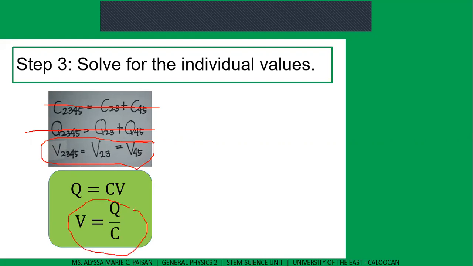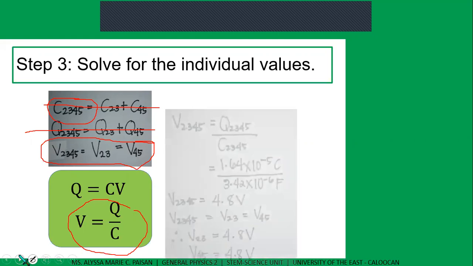We need Q2345 na na-equate natin or na-identify natin kanina as just equal to Q total. So, meron na tayong Q2345. Meron ba tayong C2345? Of course. We have solved that in here before getting the equivalent capacitance. No? Na-solve na natin yun kanina. Nung nagsusolve pa lang tayo ng equivalent capacitance. So, makukuha natin si V2345.